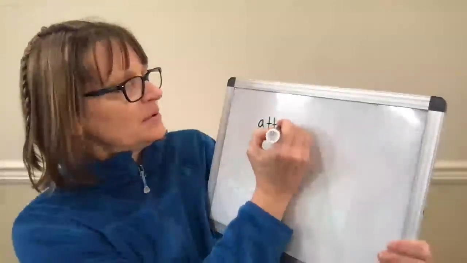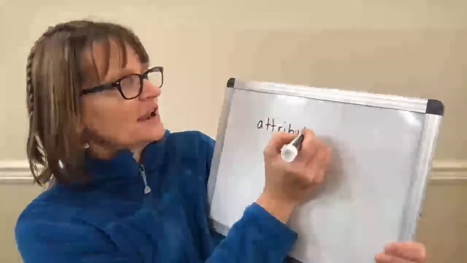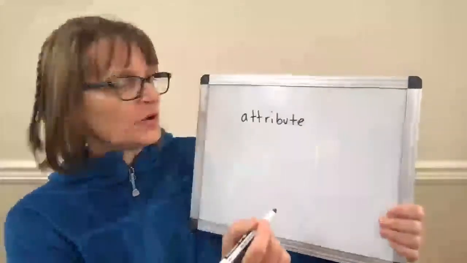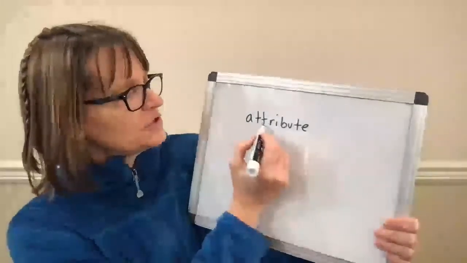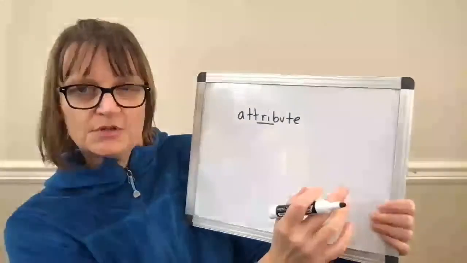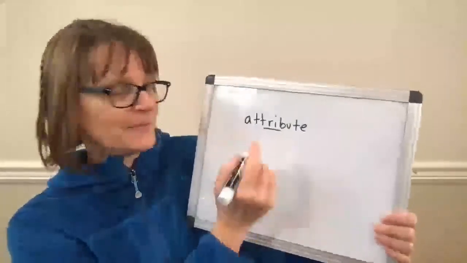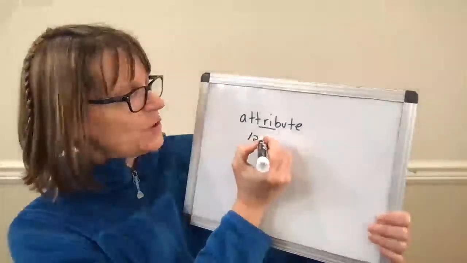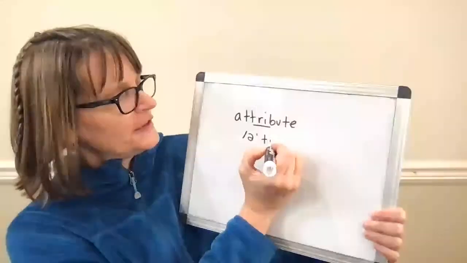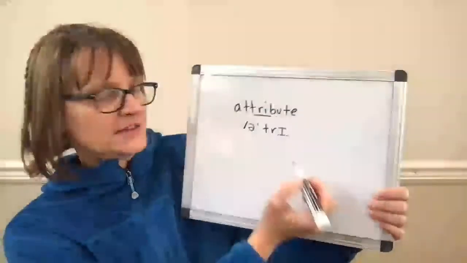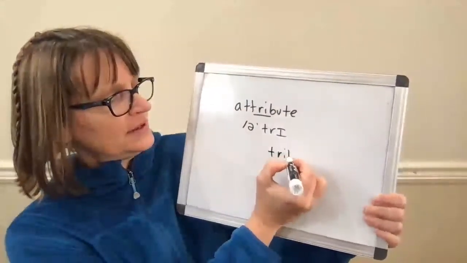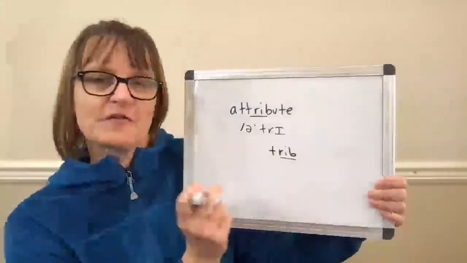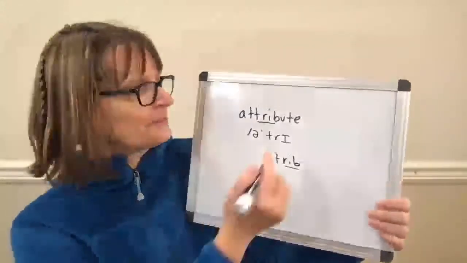Attribute is a good example, just like we were talking about with avoid and approach, that to practice the word, you should start on the tribute part and then add your unstressed schwa there. So we have the I vowel in my main syllable. Sounds like trib, or you might even start from rib, trib.